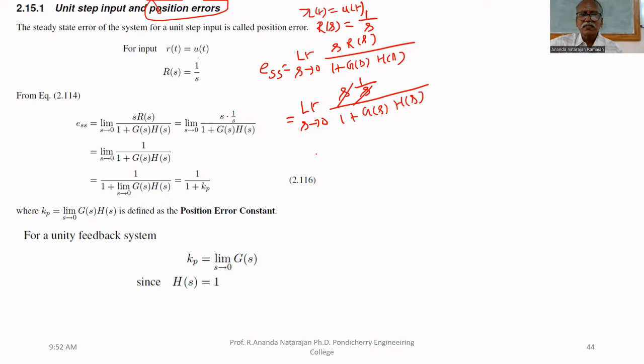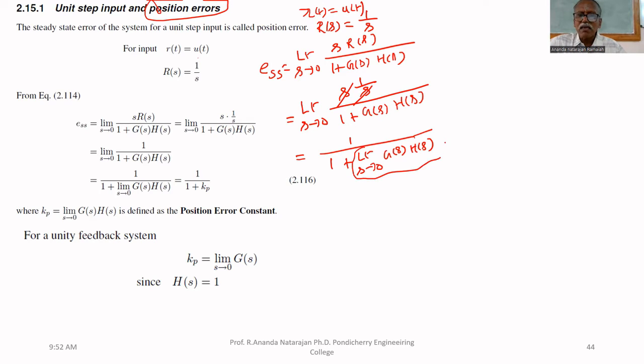The s gets cancelled, or I can write it like this: 1 by 1 plus limit s tends to 0, G of s, H of s. Can I write like that?